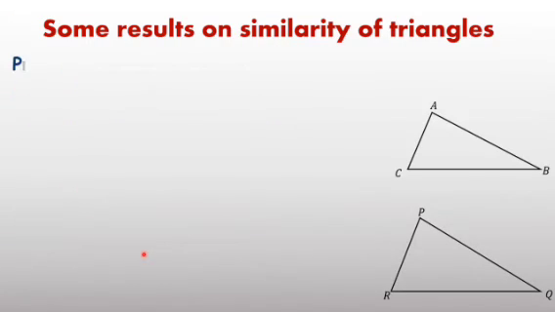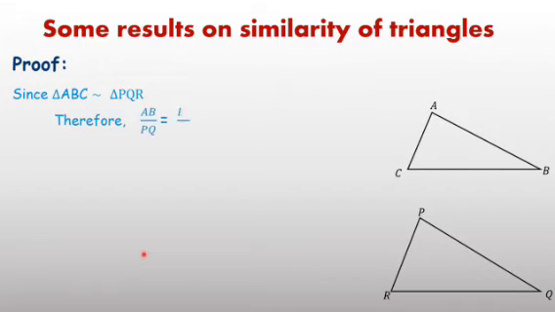Now the proof. We start with the given part. Triangle ABC is similar to triangle PQR, and if two triangles are similar, corresponding sides are in the same ratio, and also corresponding angles are equal. If corresponding sides are in the same ratio, let AB upon PQ equal to BC upon QR equal to CA upon RP be K, which is a constant.